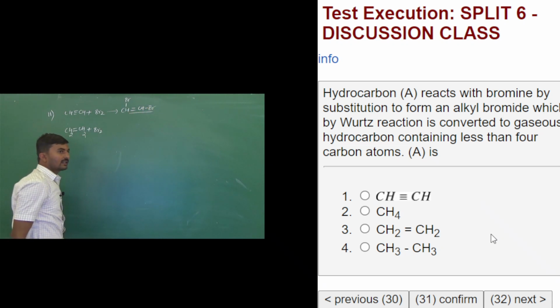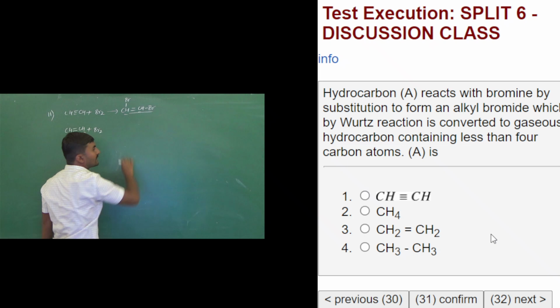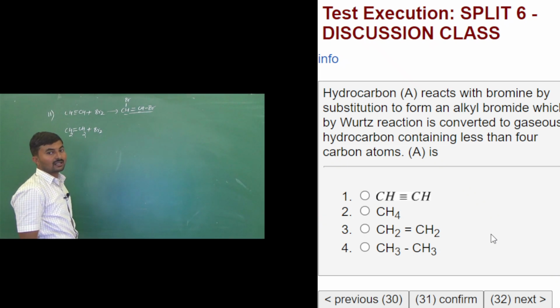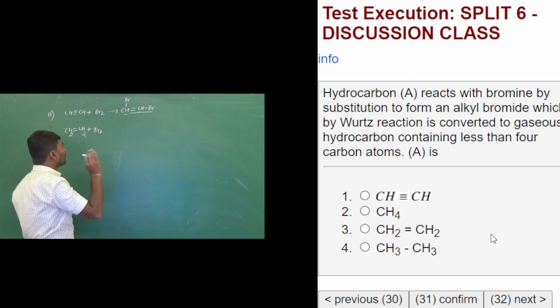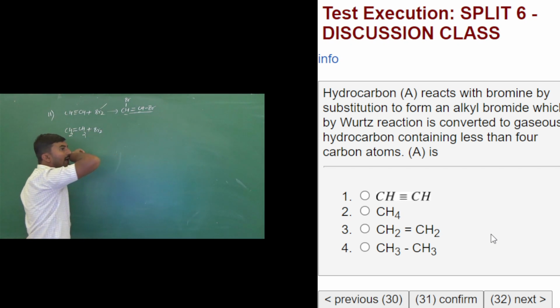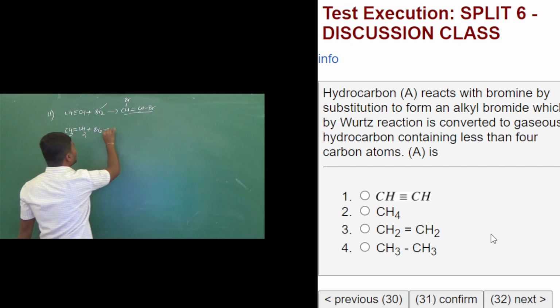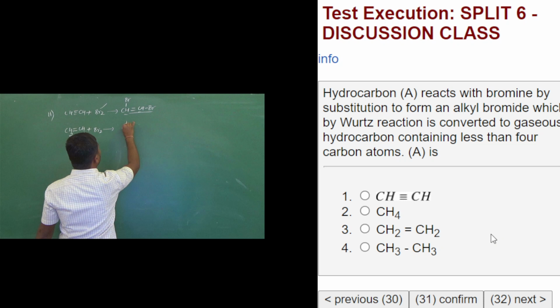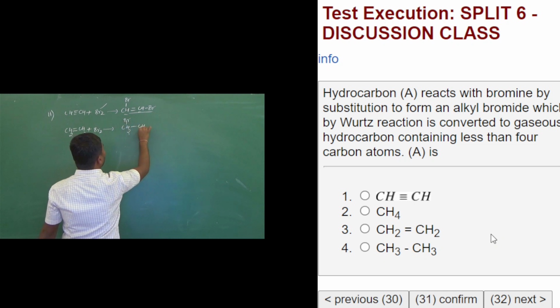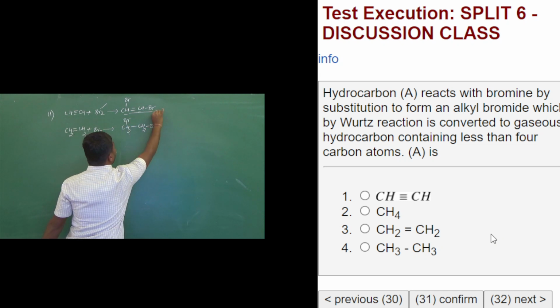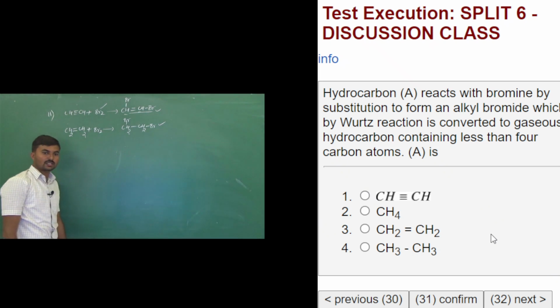This molecule comes, and no hydrogen atom gets replaced. Only if it is replaced can we call it a substitution reaction. But here they undergo addition reaction. Here also the same thing happens, that is it will become CH2Br and CH2Br. This is also an example of addition reaction, not substitution.